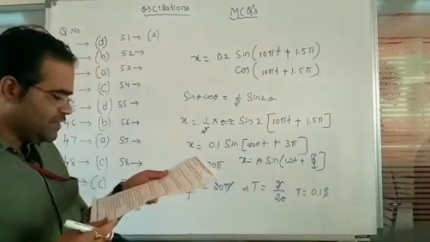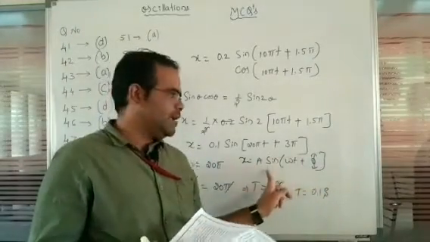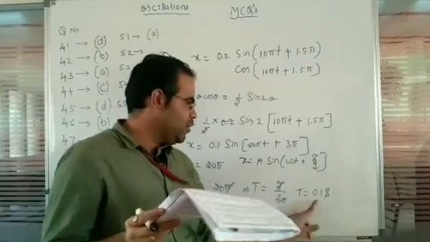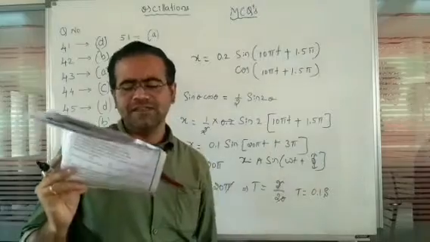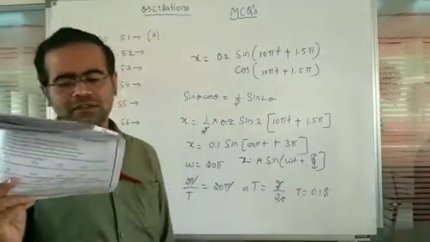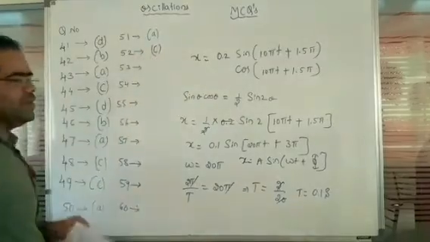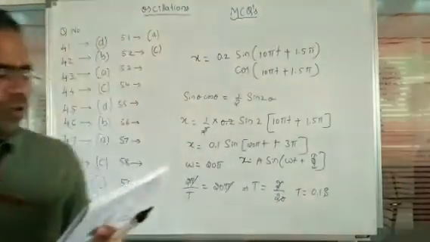So this is the equation of a simple harmonic motion with a time period of 0.1 second. That's the reason option is third. So for question number 52, option is C.